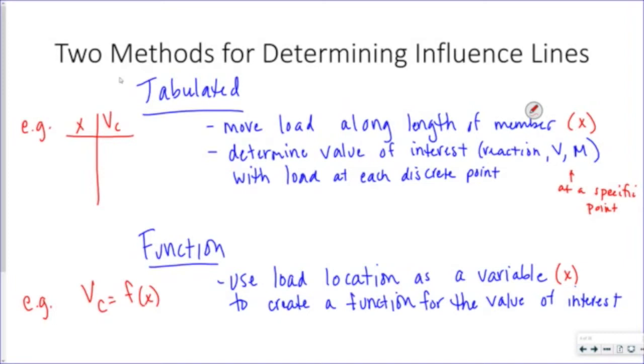Influence lines, your loads are moving, but you're looking at a specific point along the beam to find the maximum effect of that load on a shear or moment at a specific point, or a reaction which is at a specific point. Yes, your supports don't move, right?